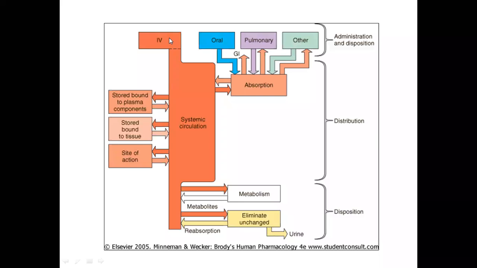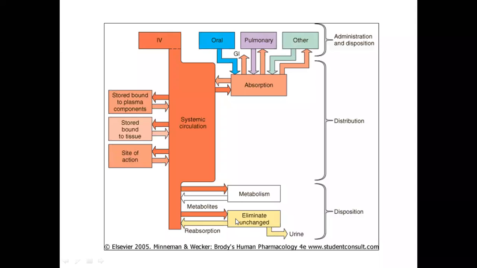When we take the intravenous route of administration, the drug is directly deposited and available in the systemic circulation, and from there it shows its action very fast. So the intravenous route is a very fast route of drug action.